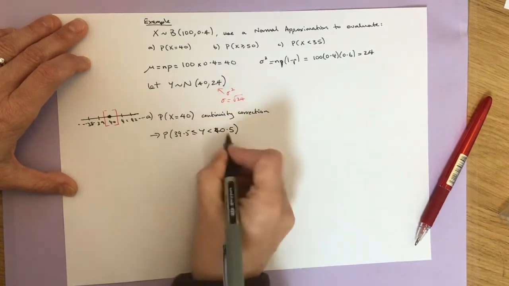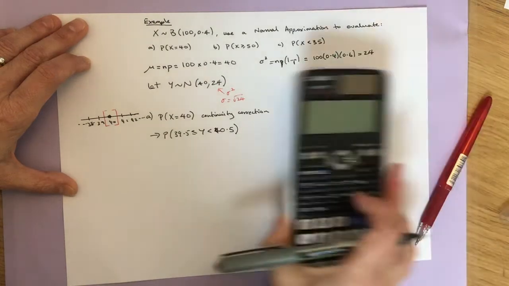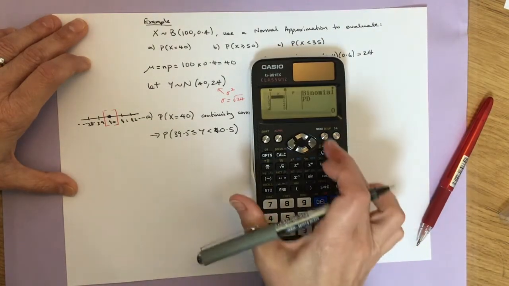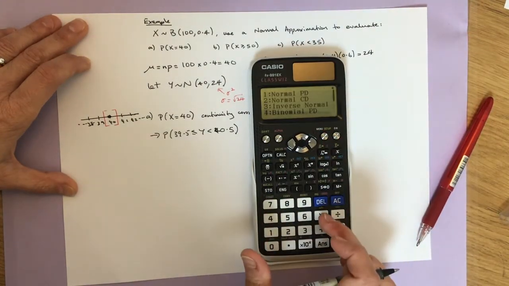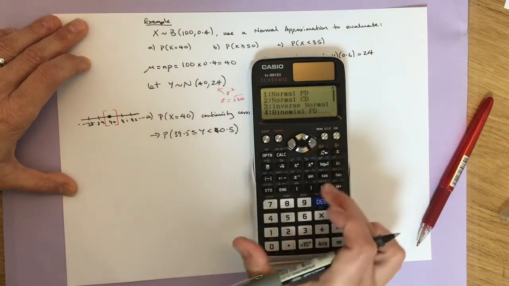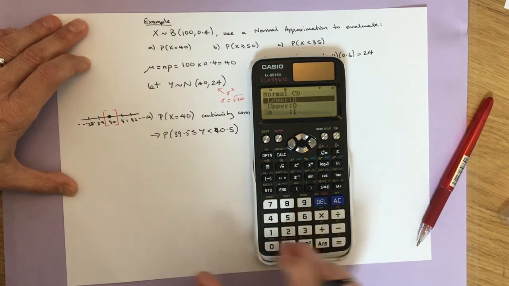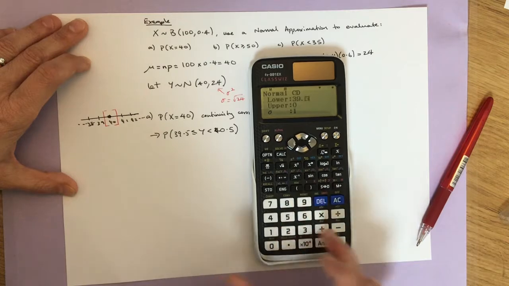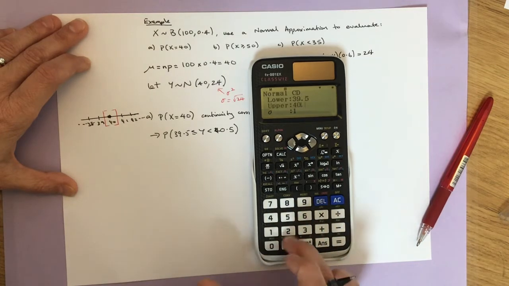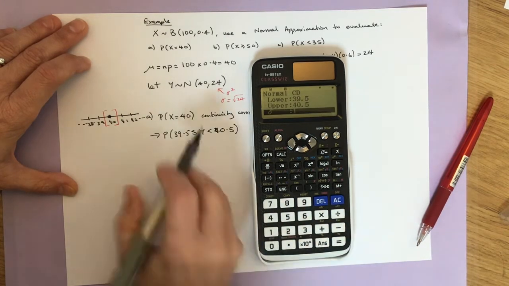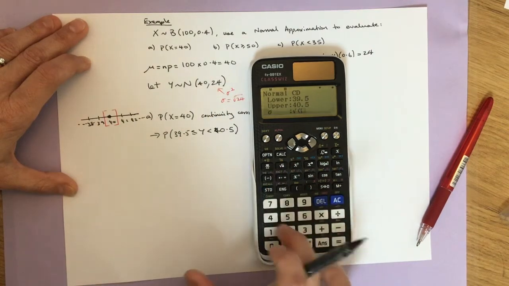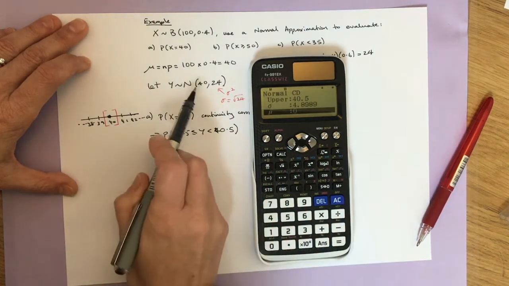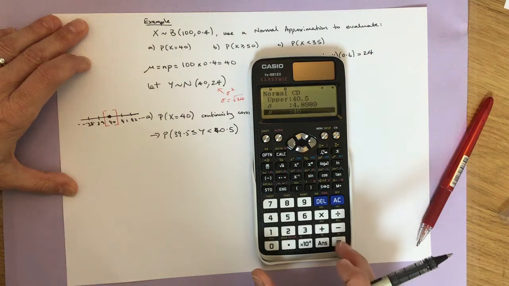Okay, and then this is going to be using our calculators, our normal distribution. We're going to have a look at our lower is 39.5, our upper is 40.5, our sigma is root 24, don't forget, standard deviation, and our mean is now 40.